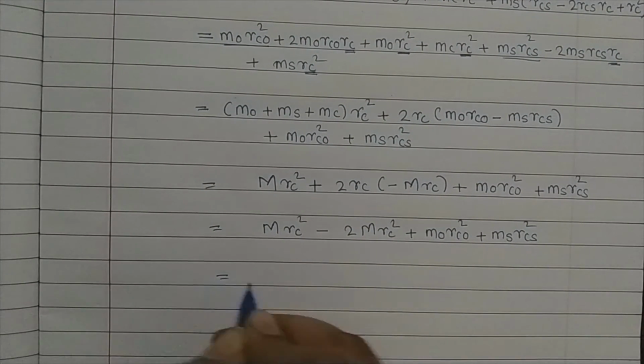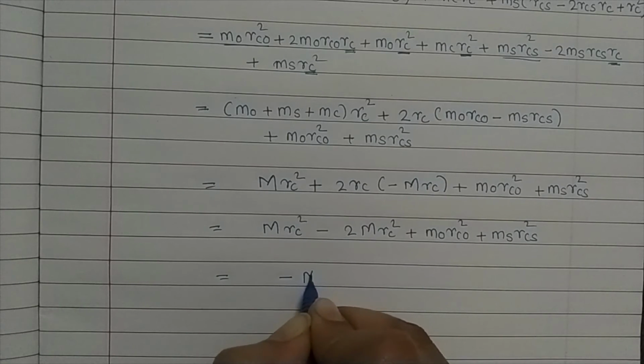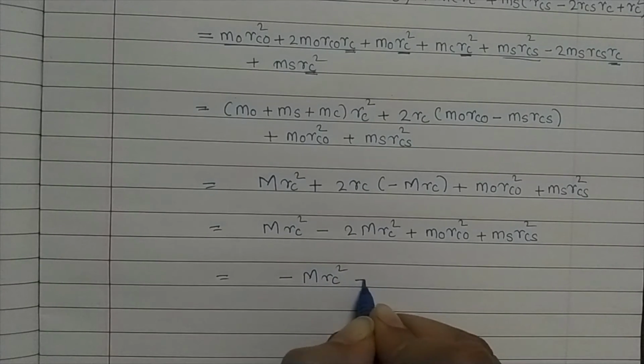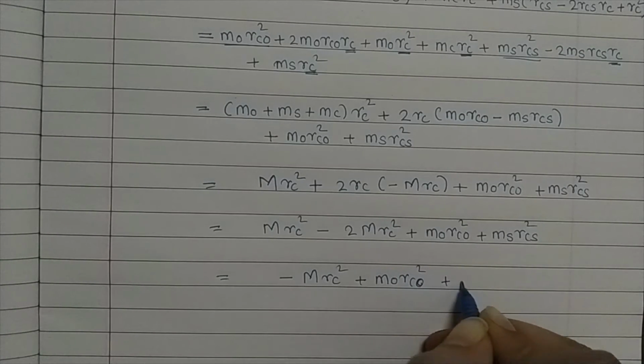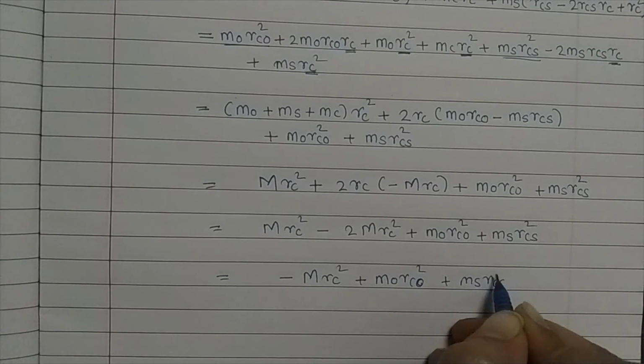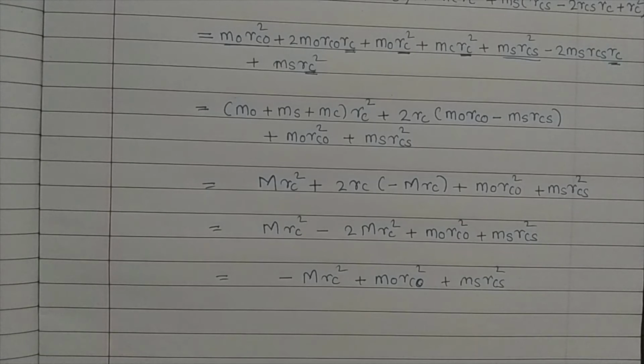So what will remain here? Minus MRC square plus MO RCO square plus MS RCS square. Is it clear?